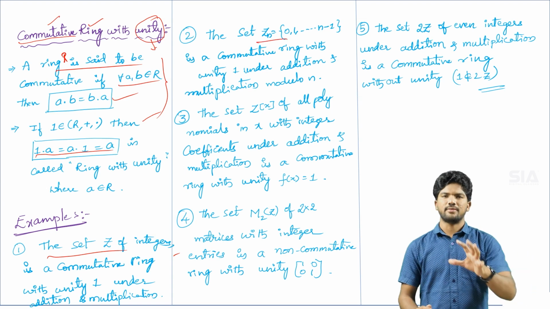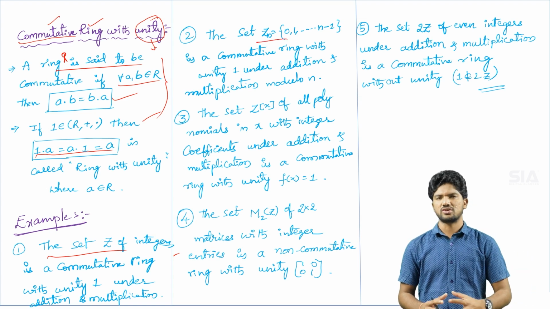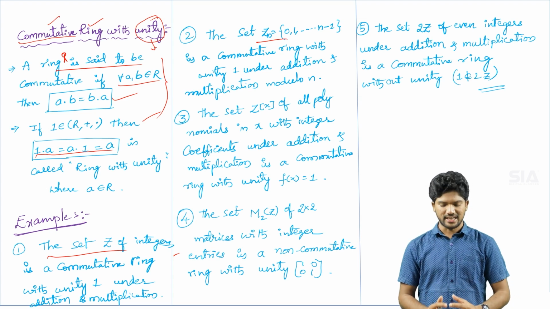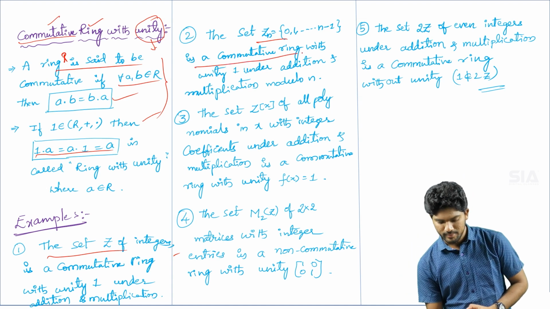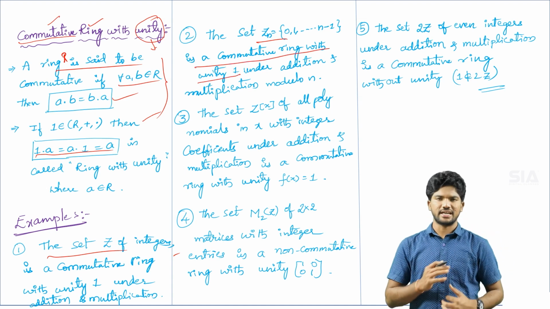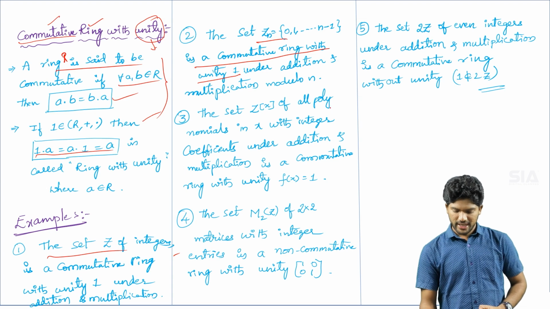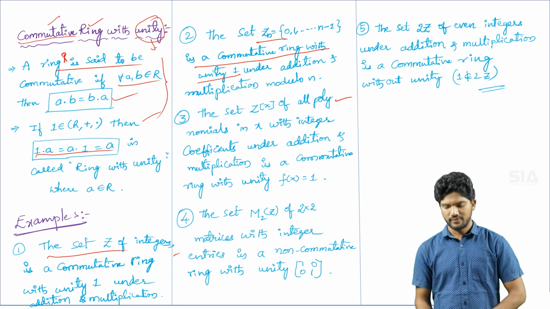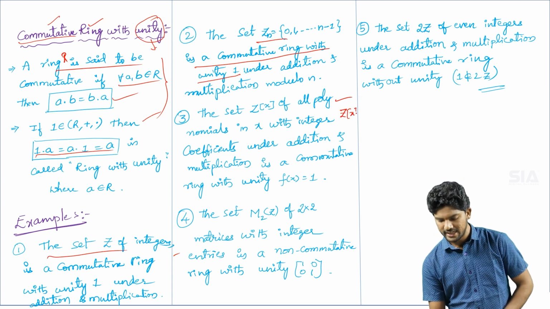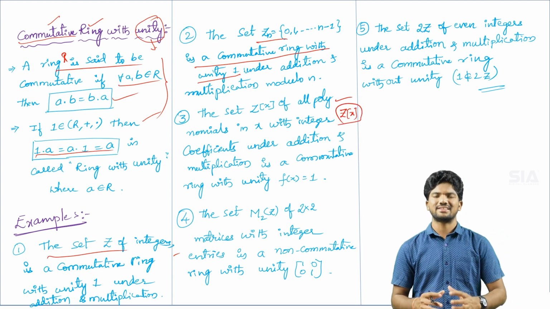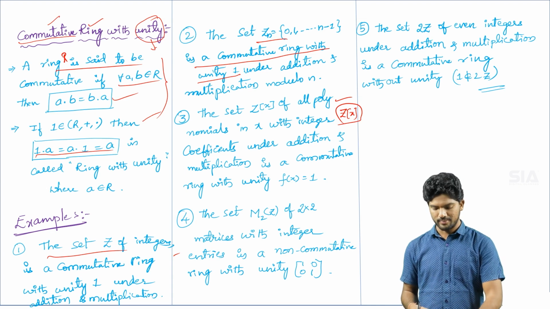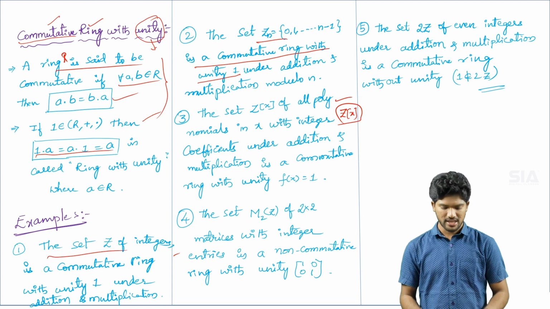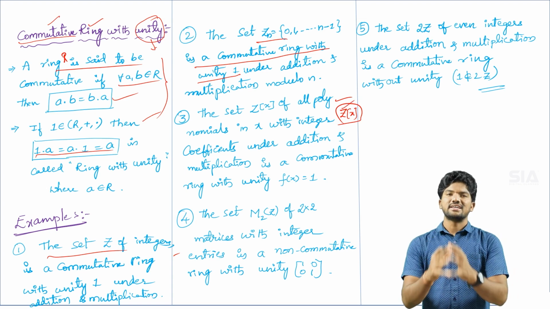And the set Z suffix n, that is equal to 0, 1 up to n minus 1, a subset of integers, is a commutative ring with unity 1 under addition and multiplication. The next set is Z of x, which you can call the group of polynomials with integer coefficients.